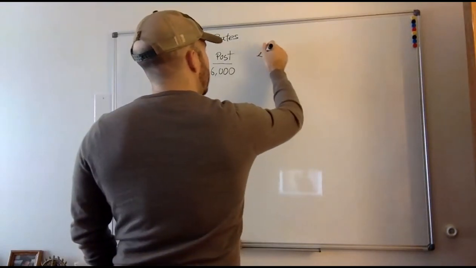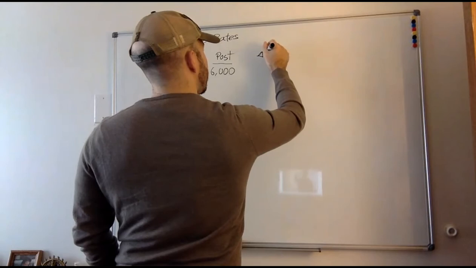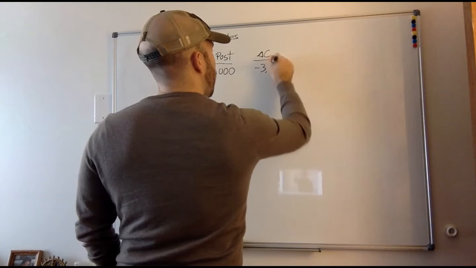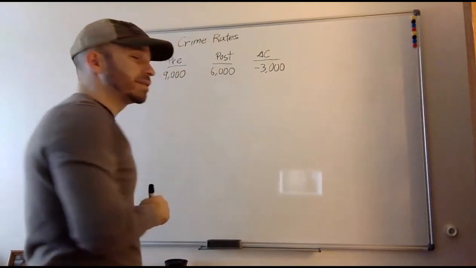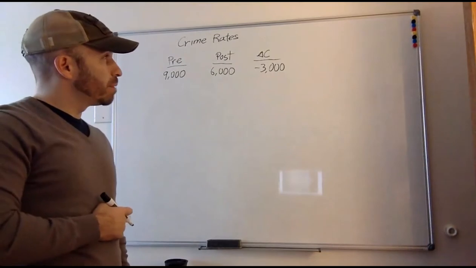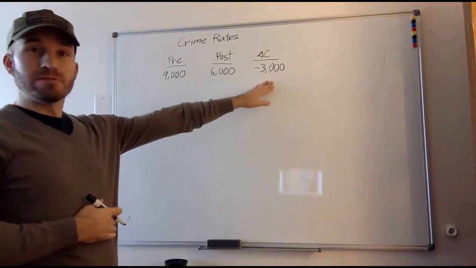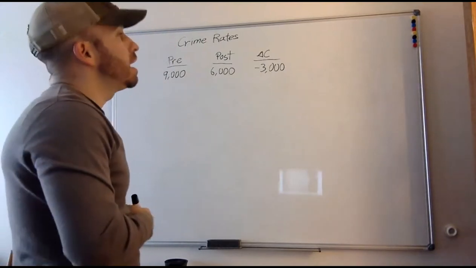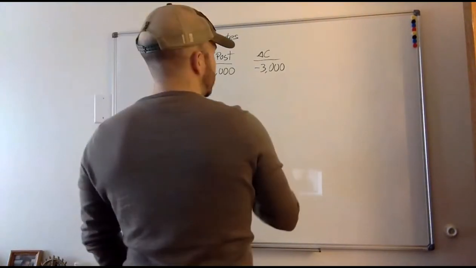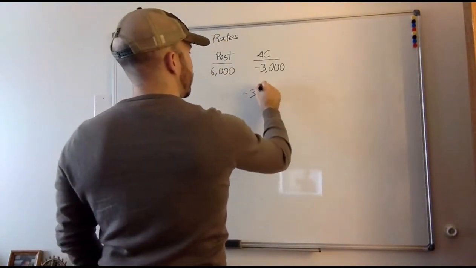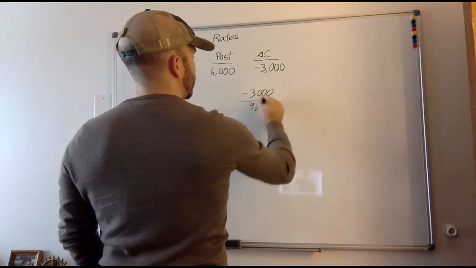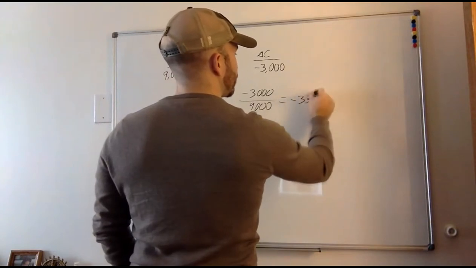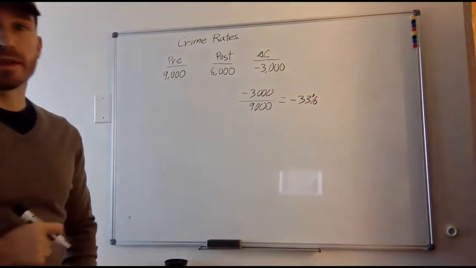Then if I am Giuliani or a proponent of broken windows policing, I could say that crime fell by 3,000 crimes per 100,000 residents, or as a percent change, negative 3,000 divided by 9,000, the baseline starting point, that's a 33% decrease in crime.